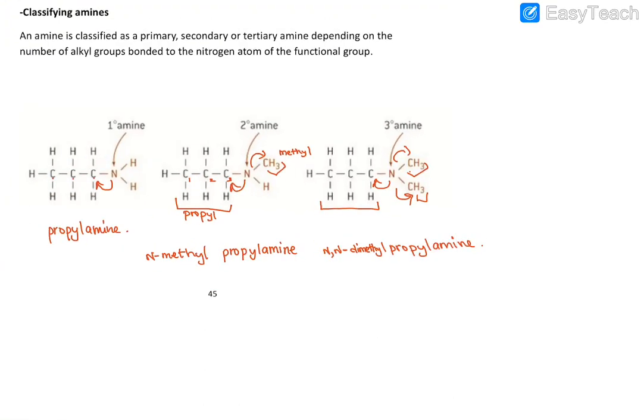Now you will not be expected to write the names of amines. This is just for you to be familiar with the names; according to the syllabus, you're not supposed to be expected to name amines.